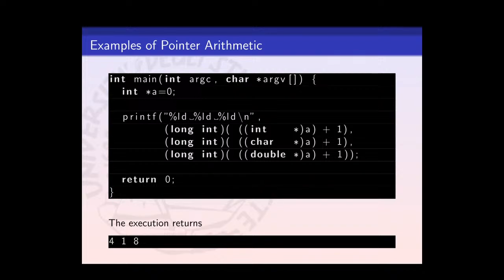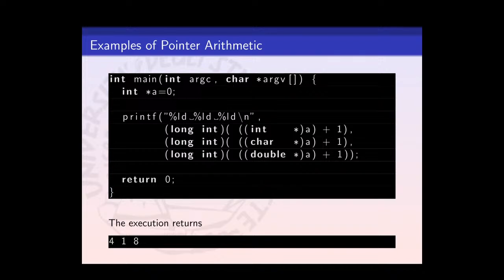In the second line, I'm typecasting it to pointer to char, so the value in a is no more a pointer to integer, it became a pointer to char.